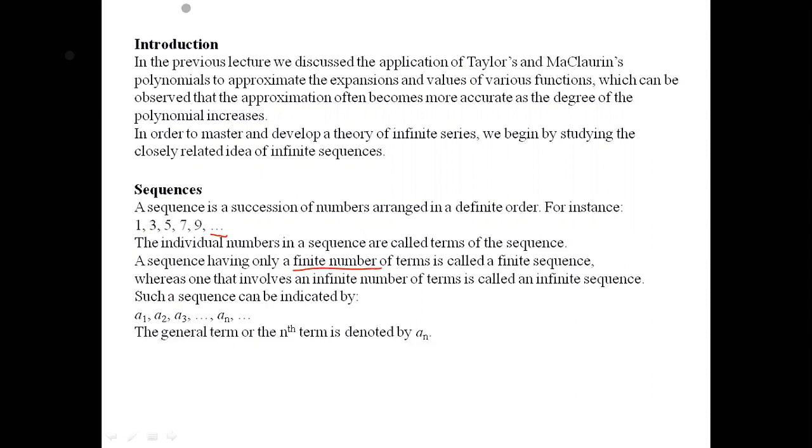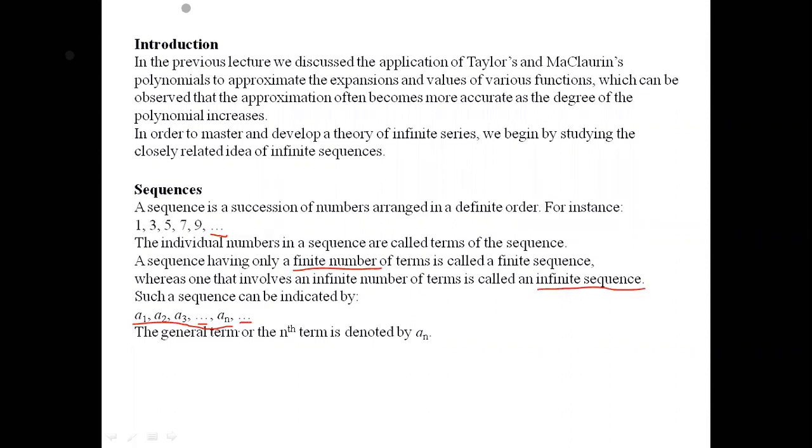Such a sequence can be indicated by, this is an example of an infinite sequence: it starts from a1, a2, a3, then there are 3 dots indicating that there are several terms in between. Then we have an, the nth term, and from the nth term we continue with the 3 dots. 3 dots mean continuation, so since at the end there are 3 dots, this sequence is an infinite one.